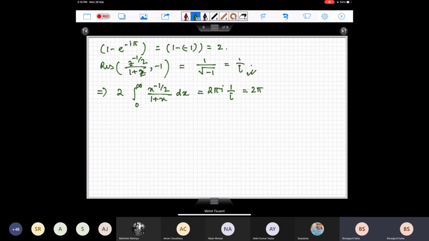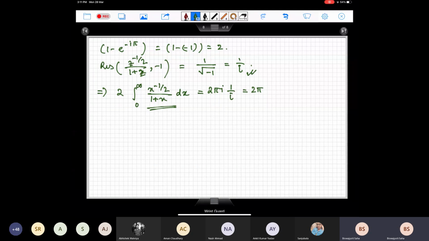You could ask why I chose this square root to be i. I could have taken the square root to be minus i as well, but then the integral of a positive function would be negative, so that choice is natural.